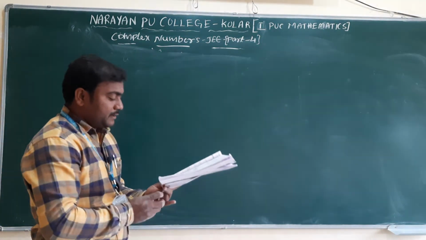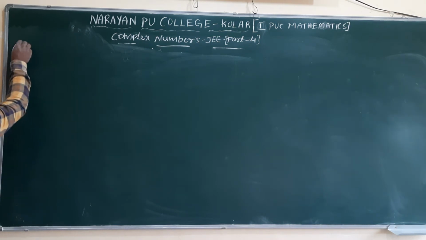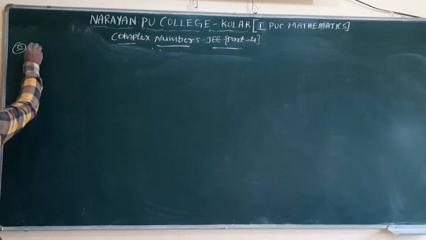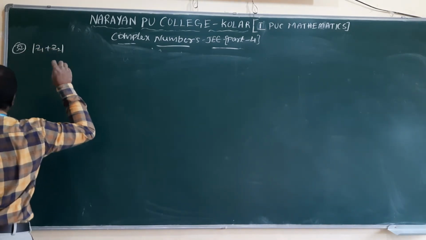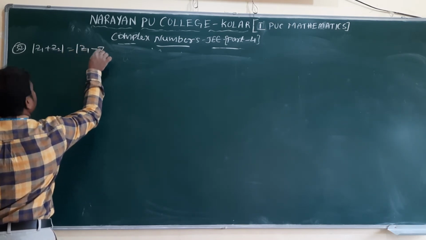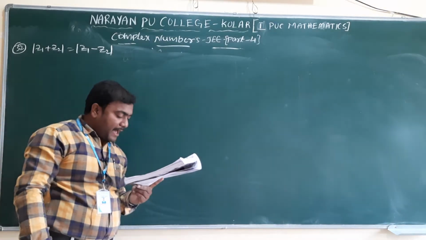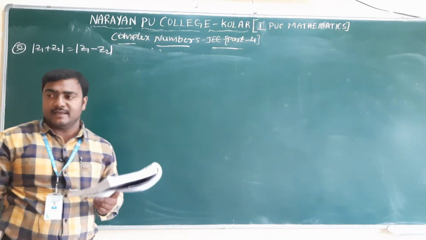Next, question number 32. If |z1| + |z2| = |z1 − z2|, then the difference in the amplitudes of z1 and z2 is?